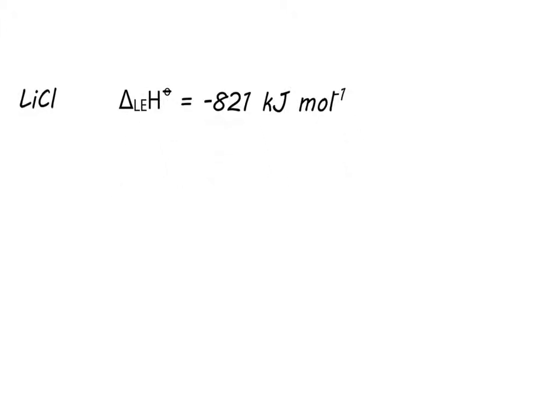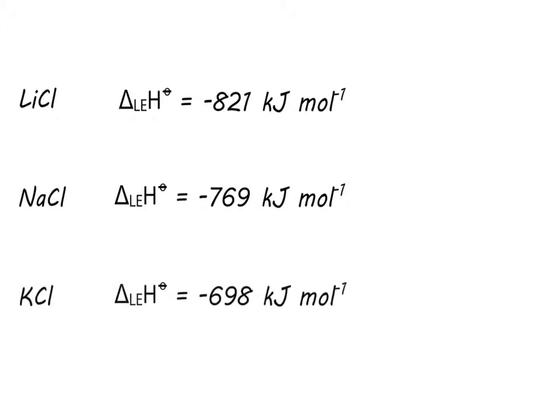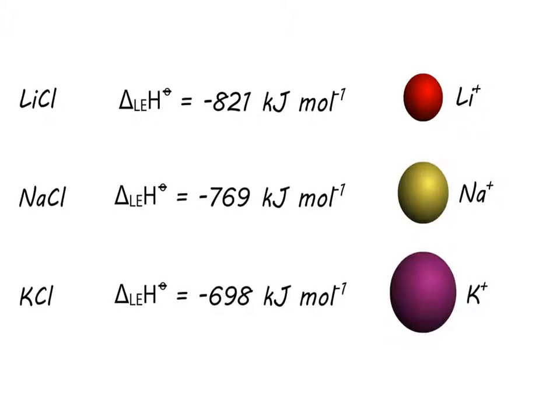If we compare this value for the standard lattice enthalpy of lithium chloride with the standard lattice enthalpies of sodium chloride, which is minus 769 kilojoules per mole, and potassium chloride, which is minus 698 kilojoules per mole, and if we now look at the size of the lithium, sodium and potassium ions, we see the smaller ions result in more exothermic lattice enthalpies.